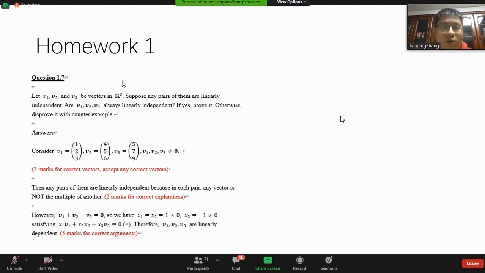Actually, for this question, you can just imagine, for V1 and V2, if a pair of two vectors is linearly independent, that means one vector cannot be expressed by the other vector. Suppose vector V1 is (1, 1, 1) and V2 is (2, 2, 2). V2 can be expressed by V1, so they are linearly dependent.